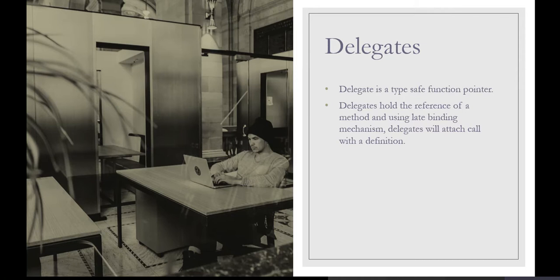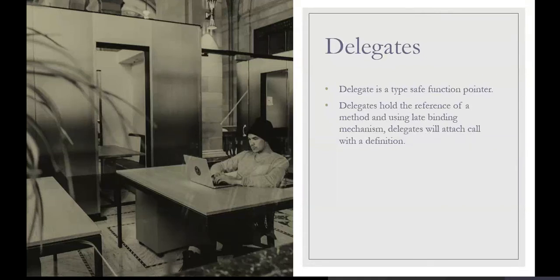Delegates are pointing to the method, or in other words, a delegate is storing the reference for a method. So our first discussion will be how this is implemented, the basics, and then we'll go to the actual application.